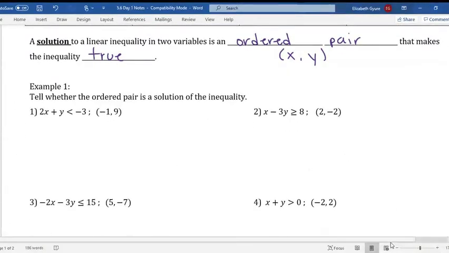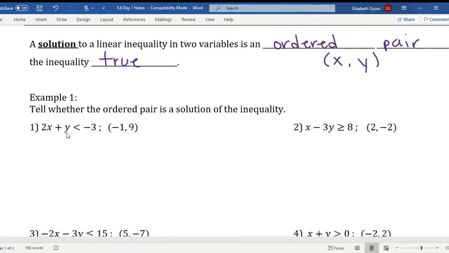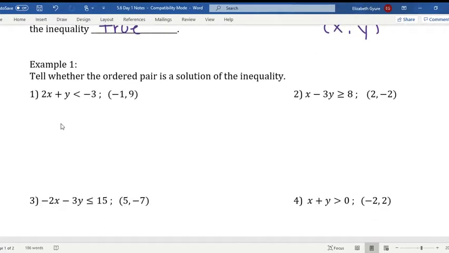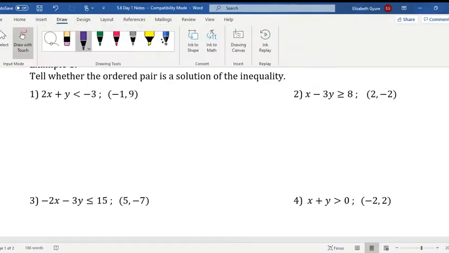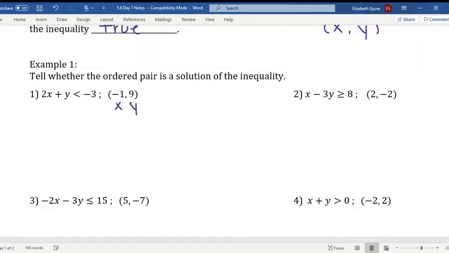Okay, so tell whether the ordered pair is a solution of the inequality. We are going to practice substituting values, plugging these numbers in, and simplifying. If you have a calculator out, I would grab one or use the calculator on your computer. Remember, we're just going to plug our numbers in where they need to go. If this is a coordinate point, this is your x, this is your y.